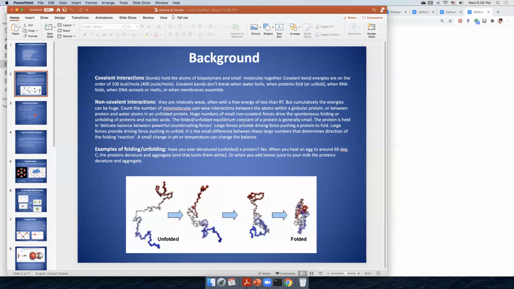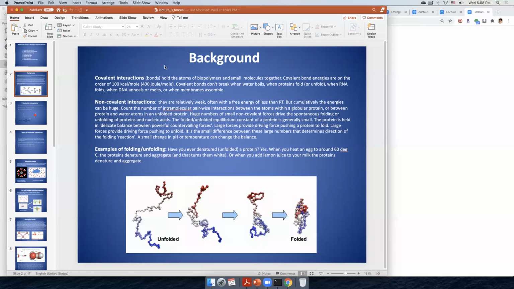So first of all, there are different types of interactions between atoms in molecules, like in proteins. One of the most common interactions is the covalent interaction, or the chemical bonds.